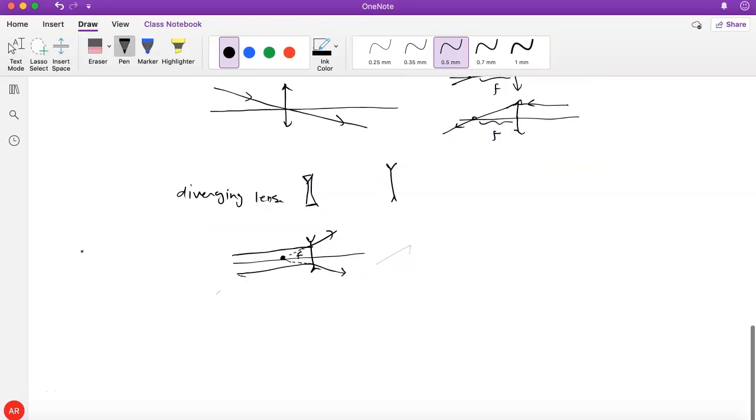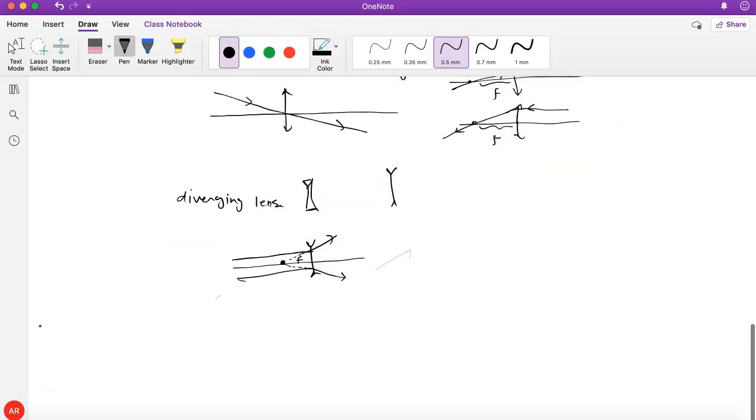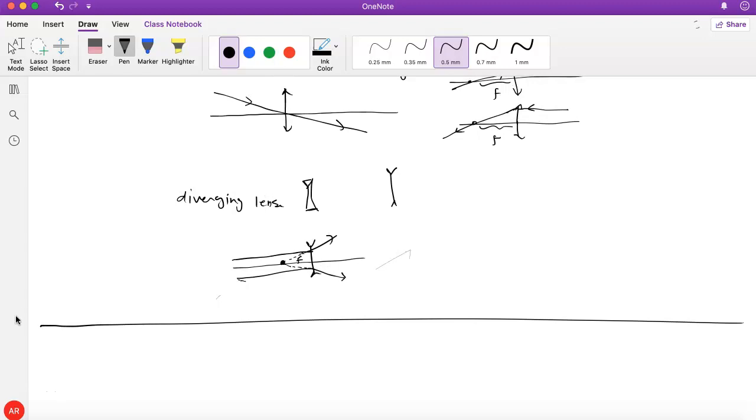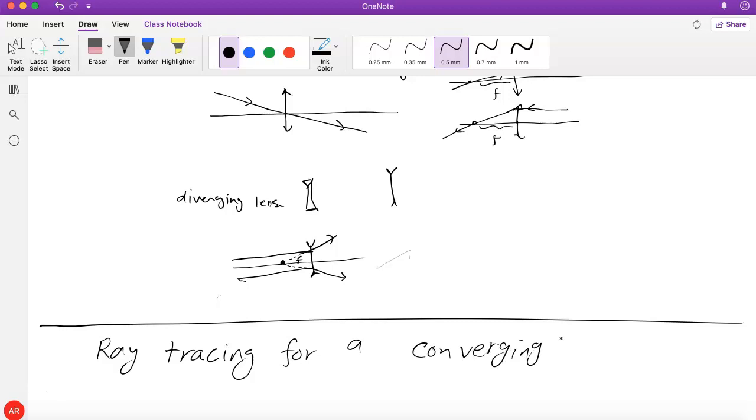All right, so let's draw a better picture. What we want to do is ray tracing for a converging lens. All right.